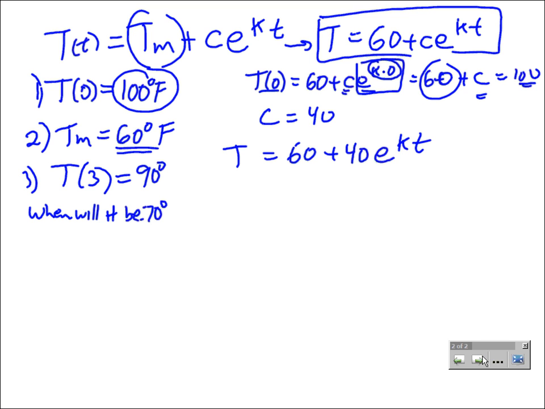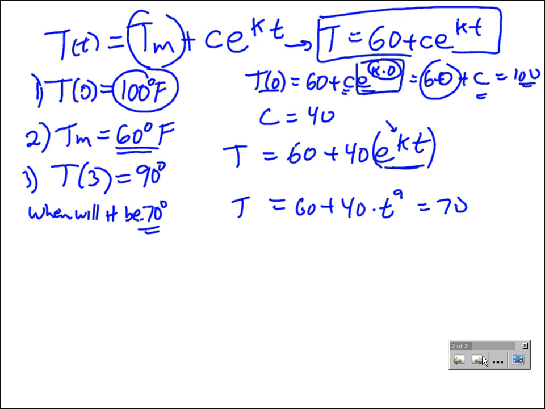Now, I have two choices at this point. I can solve for k, or I can solve for e to the kt. And when I solve for e to the kt, it's okay to just be a function of t. In other words, if I concluded e to the kt was t to the 9th, well then I can solve for when it's 70.